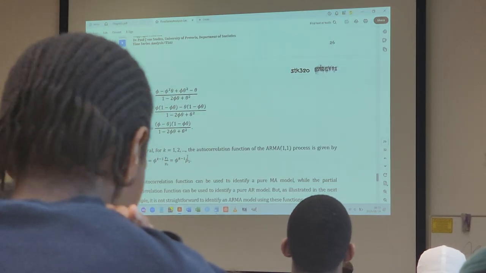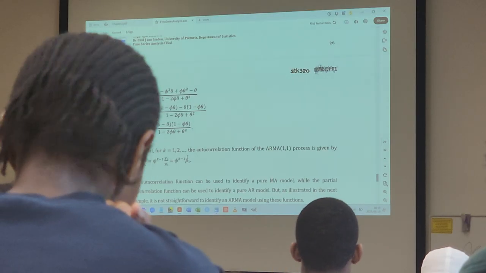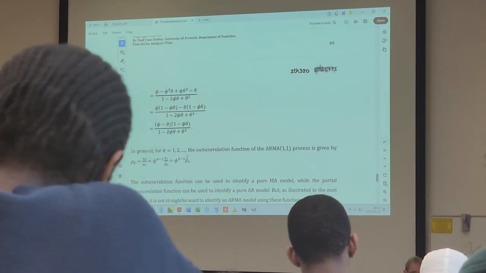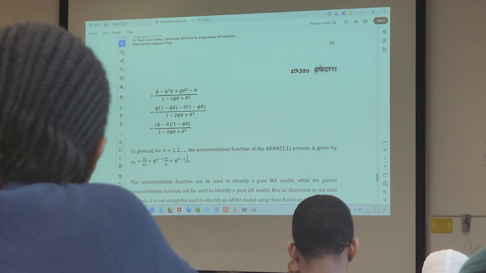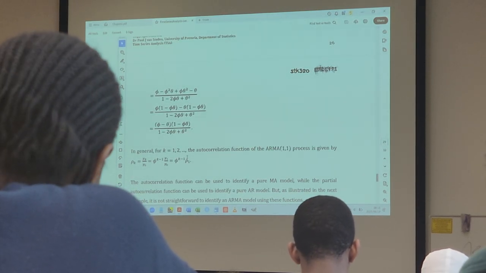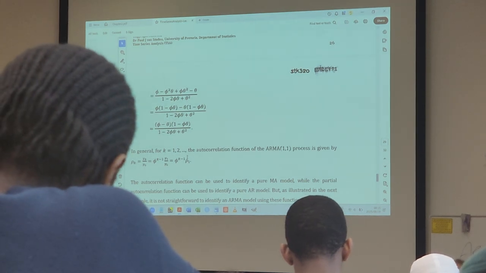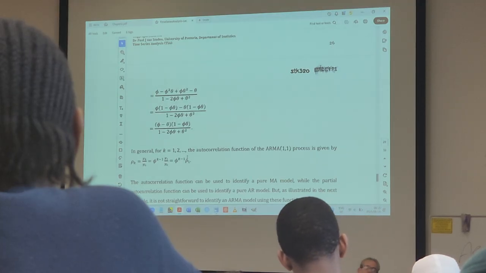If you have a pure AR model and you want to know whether it is AR(1) or AR(2), then you use the partial autocorrelation function. If you have an ARMA model, you cannot identify the order of the AR component and the order of the MA component together using partial autocorrelations and autocorrelations.